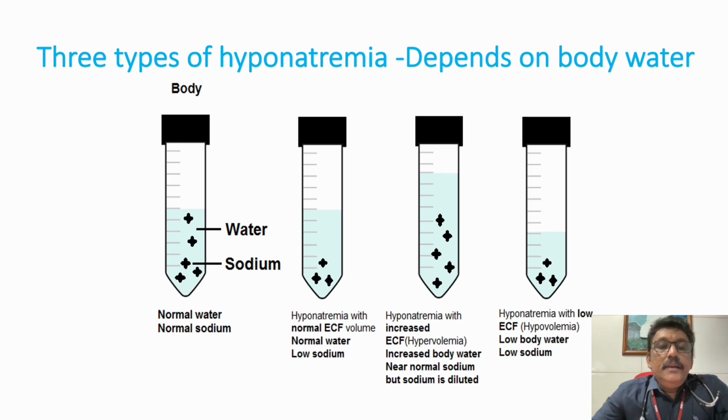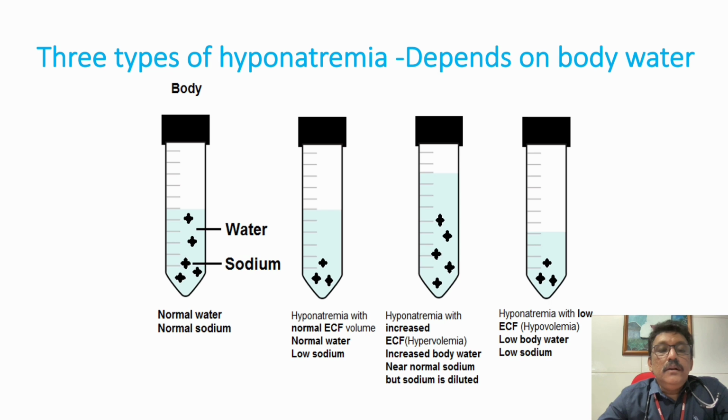Now you can see here three important types of true hyponatremia, depending on your body water level. You can see the first test tube with normal water and normal sodium. In the second test tube, what you are seeing is normal water with low sodium. So the water level is normal, but the sodium level is very low.